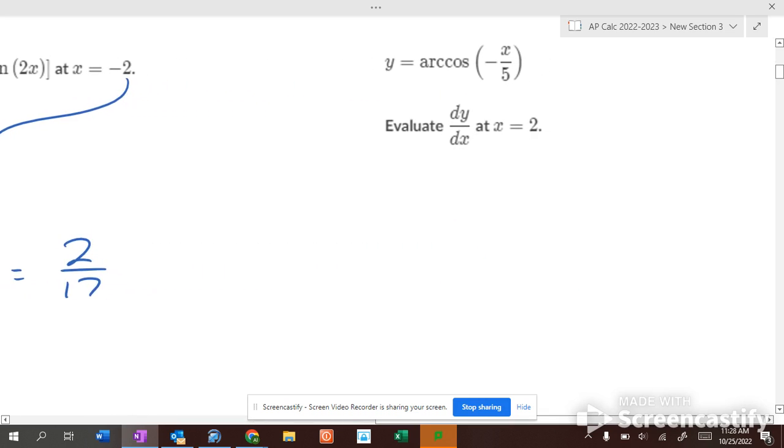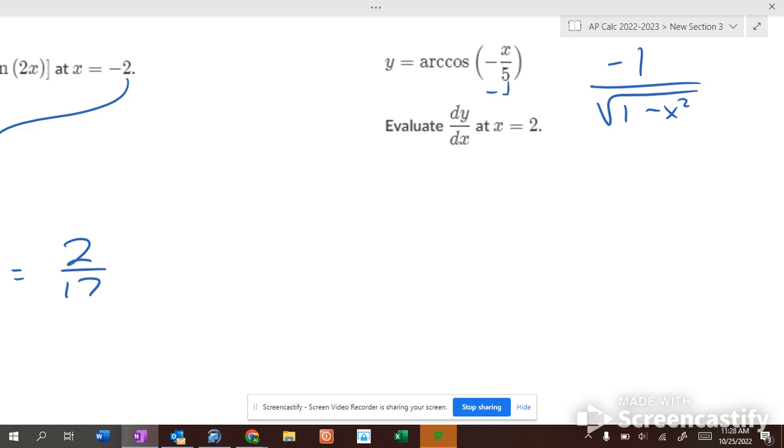So let's do the arc cosine of that. Okay? Arc cosine is negative 1 over the square root of 1 minus x squared, correct? Okay? And so, since we have an f of x here, we have to take the first derivative of this.